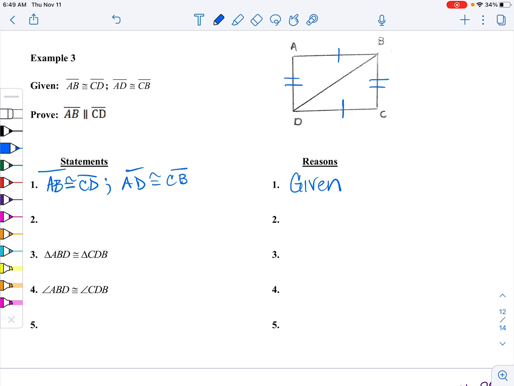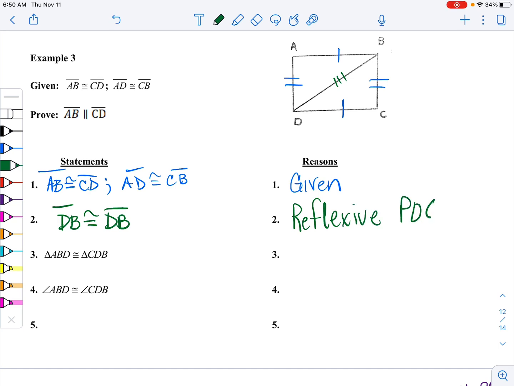And I don't have any angles, but I have the reliable shared line here. So I know that DB is congruent to DB, and that's because of the reflexive property. And that's a POC.